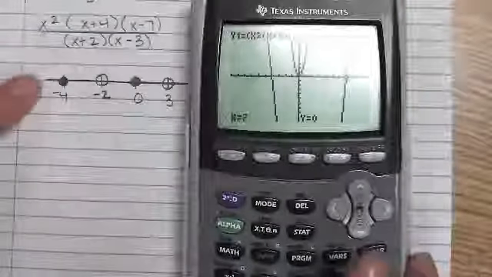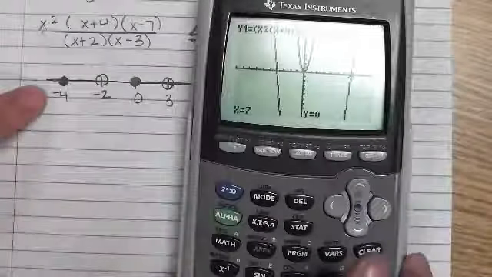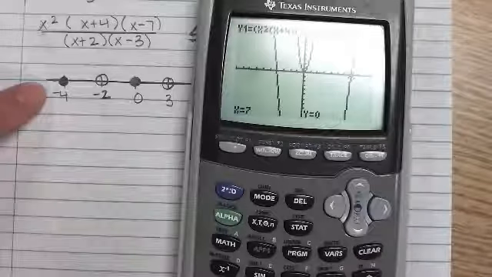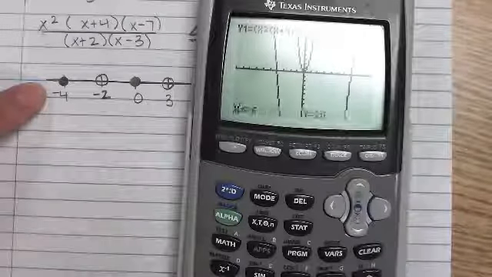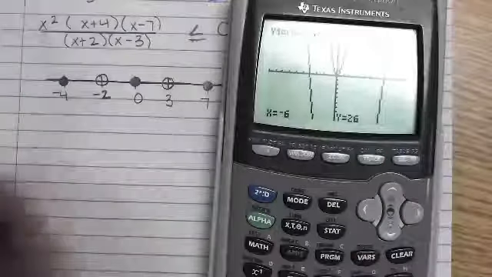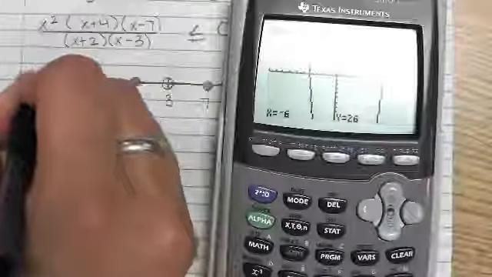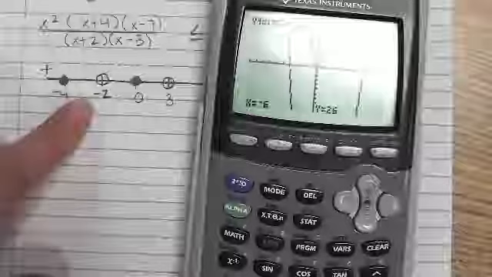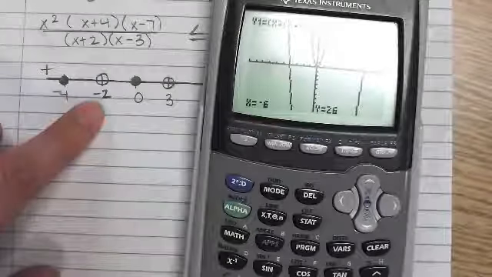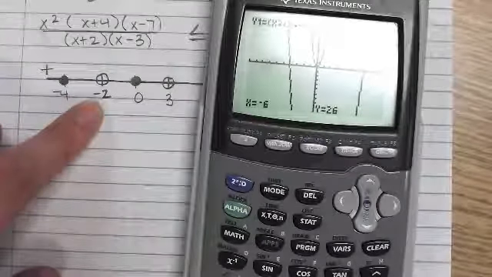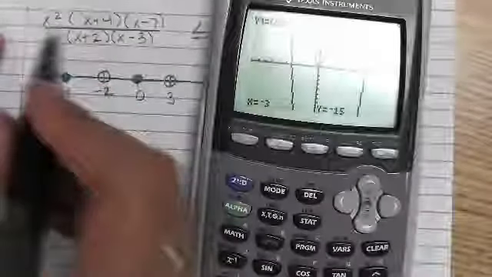Okay, so now I just need to pick a number that's to the left of negative 4. So what's a good number to do there? Negative 6. Okay, that would work. That's positive 26, so I'm just going to write a plus up here. That's positive. Okay? Then between negative 4 and negative 2, what's a good number in between those? Negative 3. That is negative.